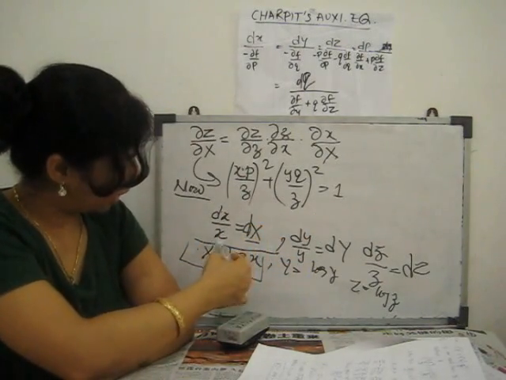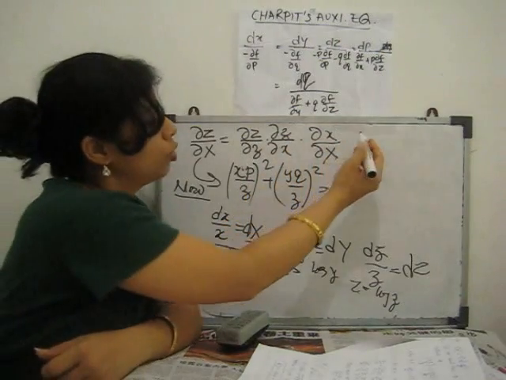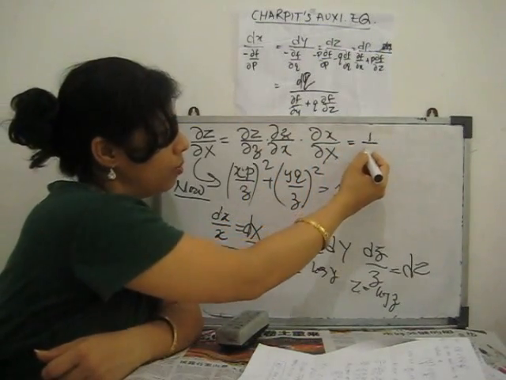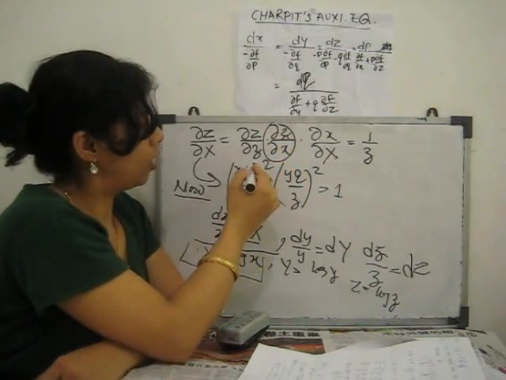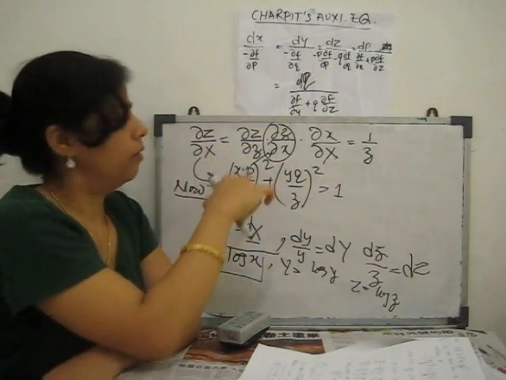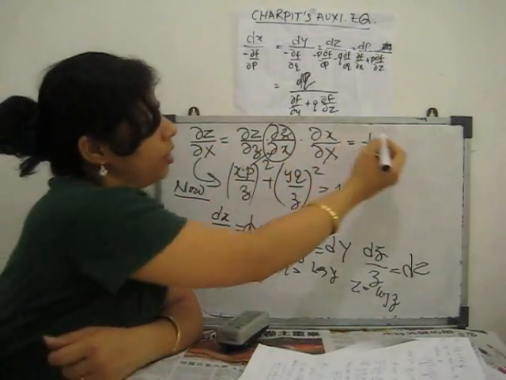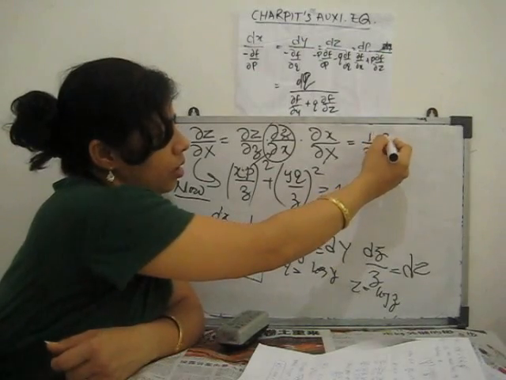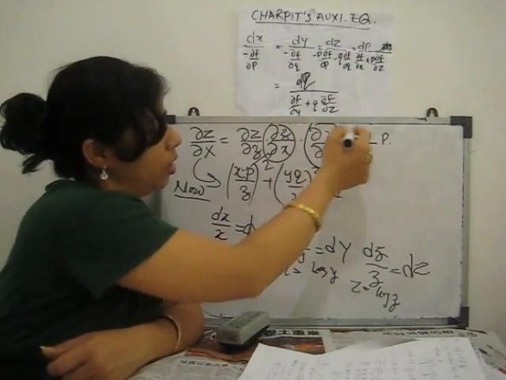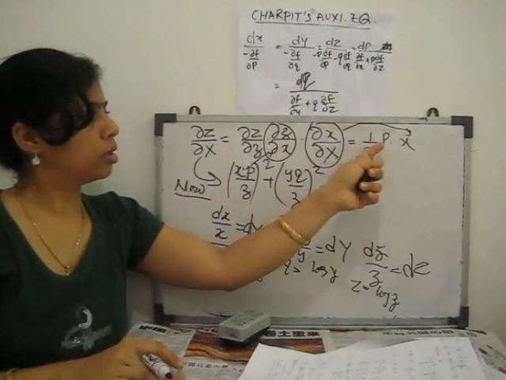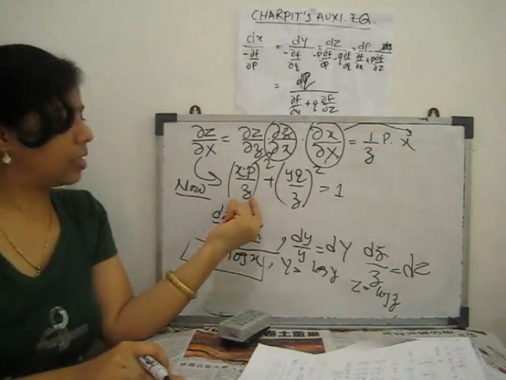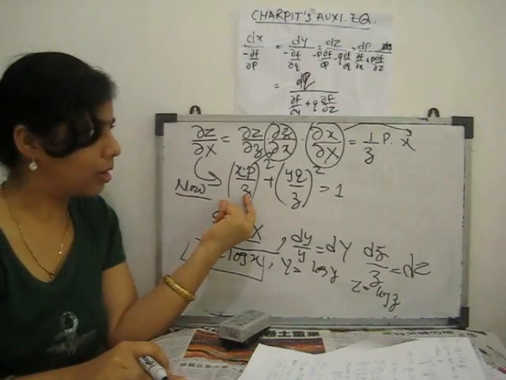See, del x upon del x, x comes up. So we substitute here: this is 1 by z, and del z by del x, the first order derivative, is small p, and this is x. So this term becomes px by z. See, px by z. Clear?